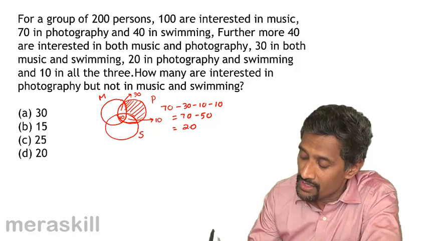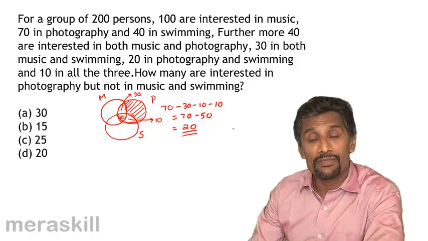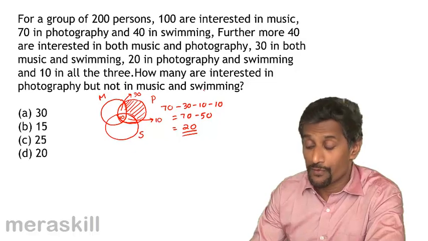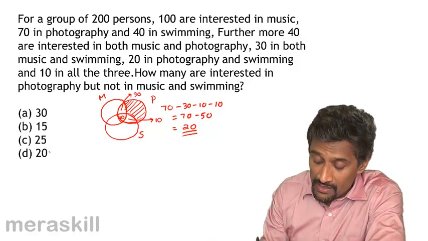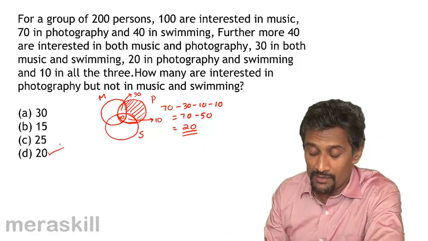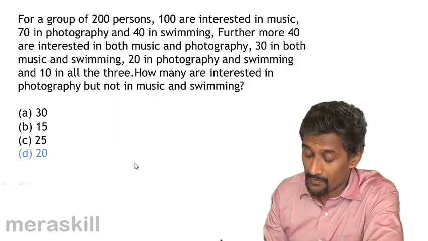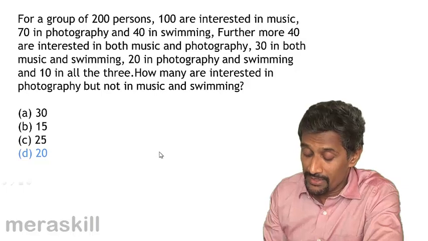That is 20 of them are interested exclusively in photography, that is only in photography but not in music and swimming. So our answer is 20 here. Yes, we do have it as 20.